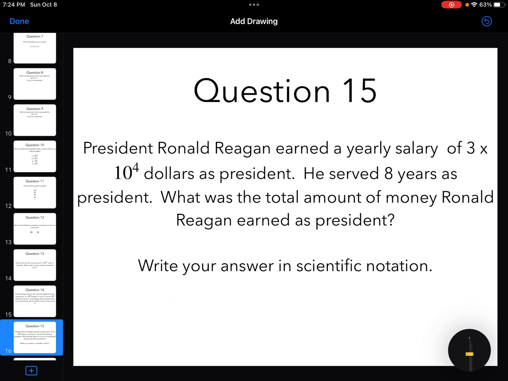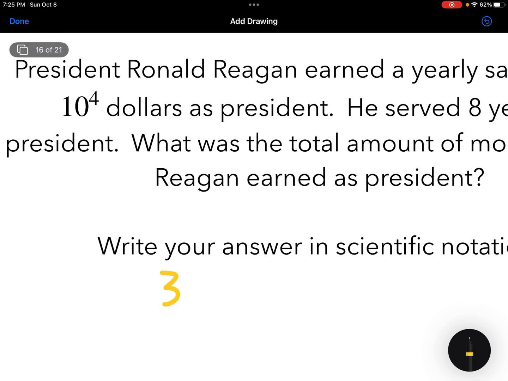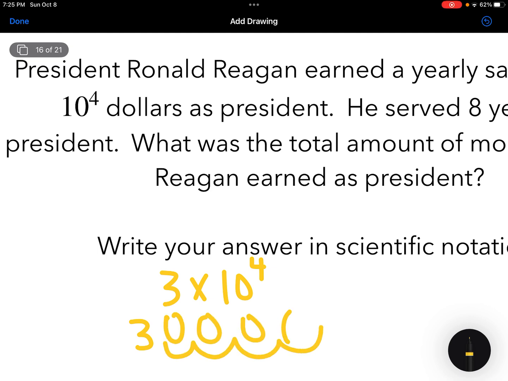President Ronald Reagan earned a yearly salary of 3 times 10 to the 4th dollars as president. He served for 8 years. What is the total amount of money Ronald Reagan earned as president? Write your answer in scientific notation. Okay, so I know that 3 times 10 to the 4th is 30,000. So he made $30,000 a year times 8.